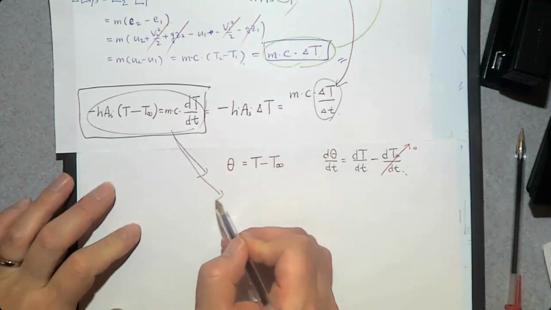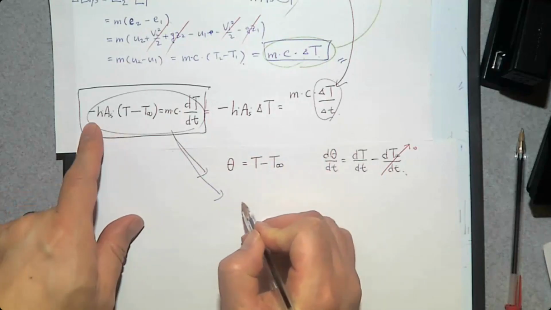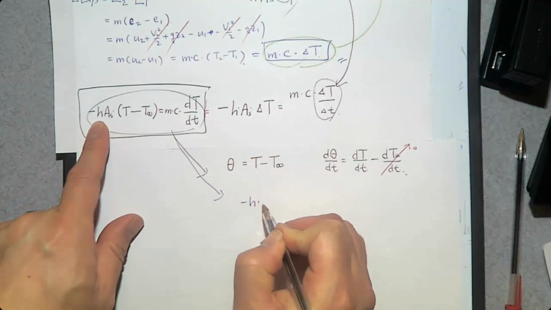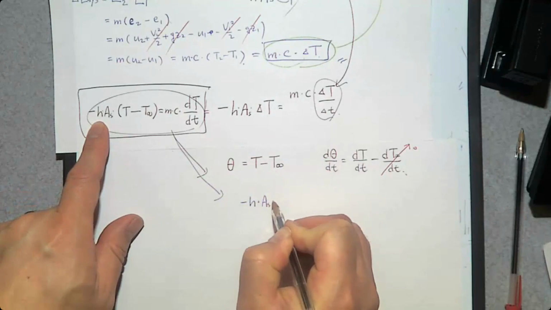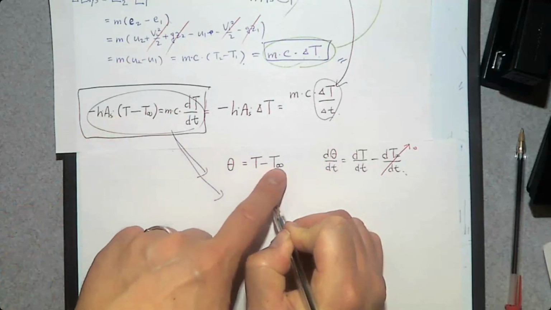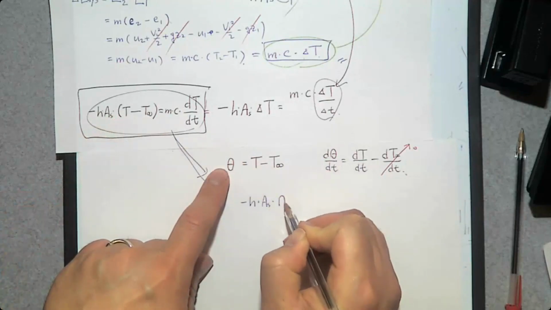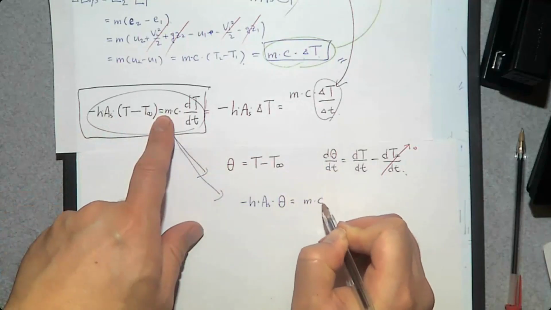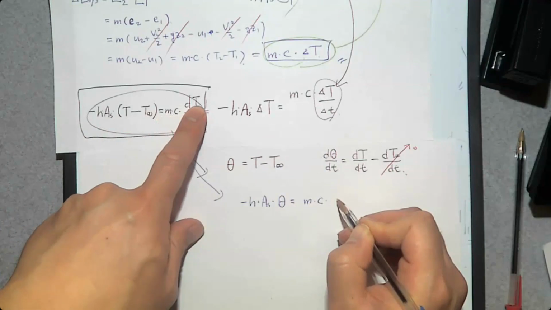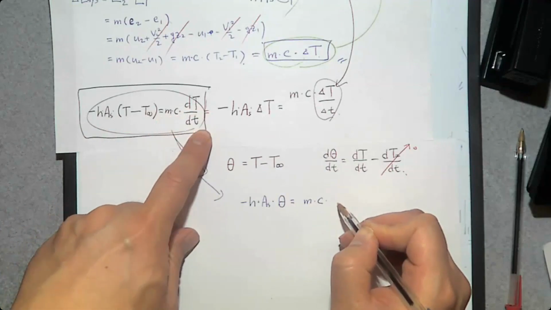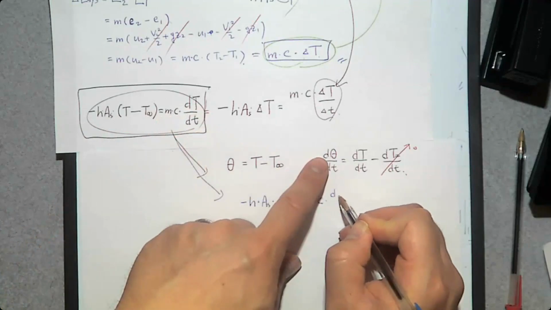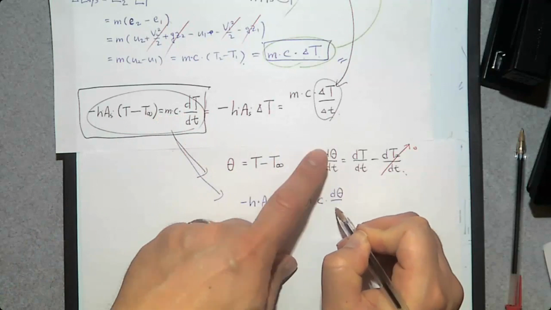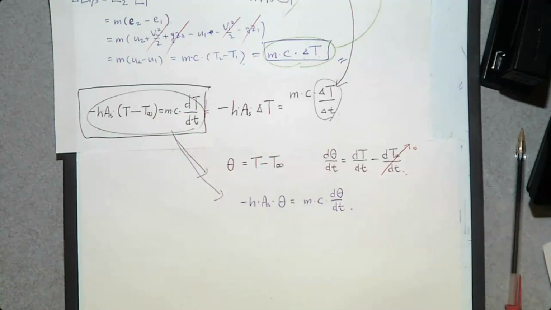So this equation becomes minus h times the surface area times T minus T infinity, which is theta, is mass times specific heat times d temperature over d time, which is going to be d theta over dt. Now, can you integrate them?